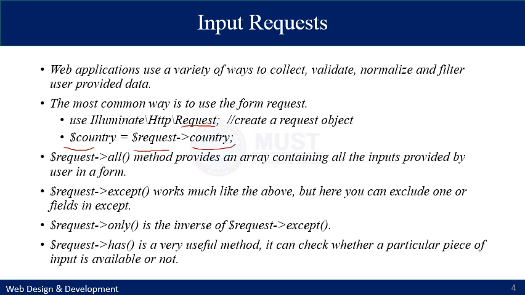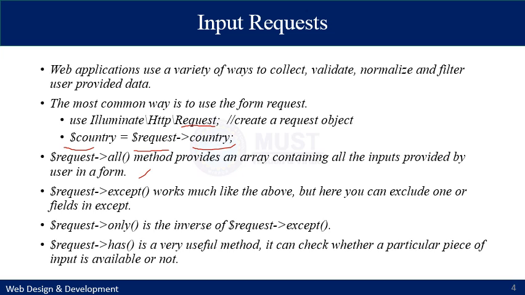The input requests provide a number of methods to collect input in a variety of ways. For example, the request all method provides an array containing all the inputs provided by the user in a form.